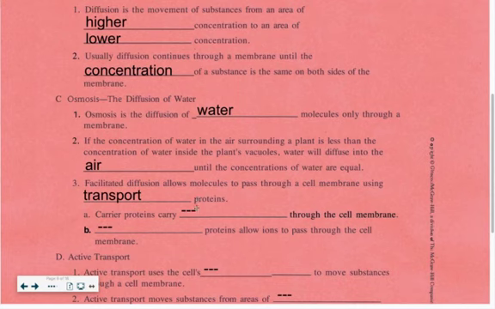Carrier proteins carry molecules through a cell membrane. Channel proteins allow ions to pass through the cell membrane.